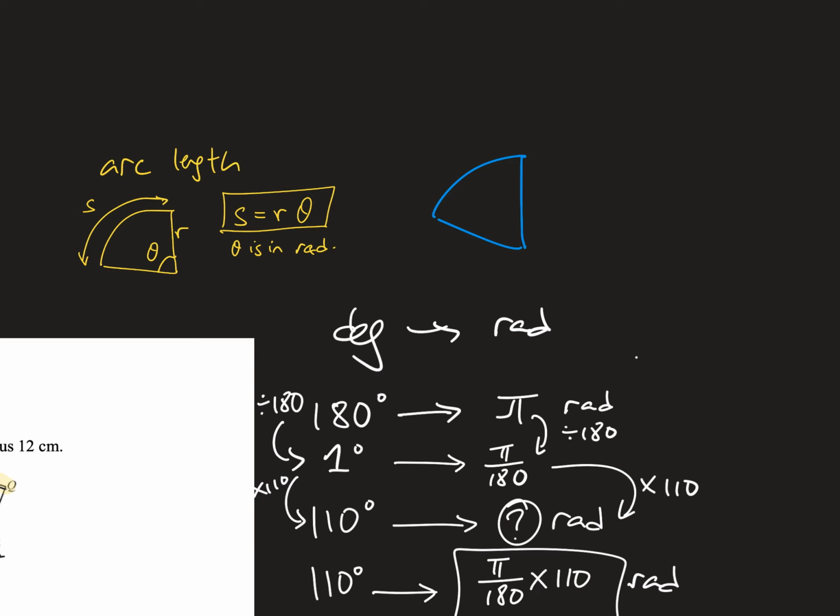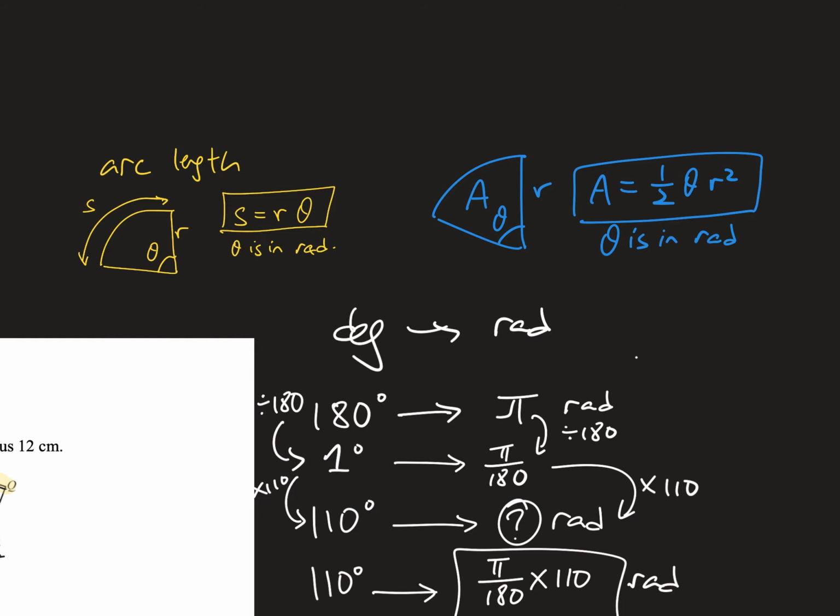Let's call this area A, and once again it's spanned by some angle theta and some radius r. The formula for this is that the area is equal to half times theta times r square, and once again theta is in radians.